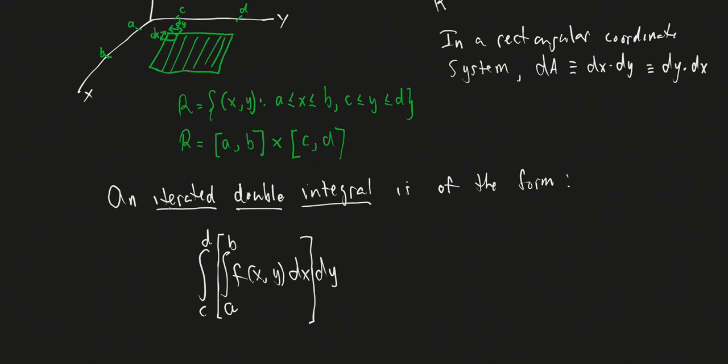And you're going to see in a second why we use the word iterated. But we're saying over here that our area, or tiny area, can be represented in multiple ways. So what if I were to do a similar thing but then choose to do dy dx? I would still have my surface there, right?